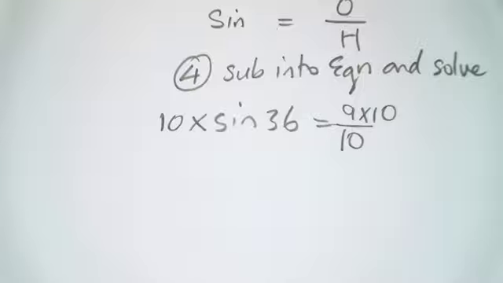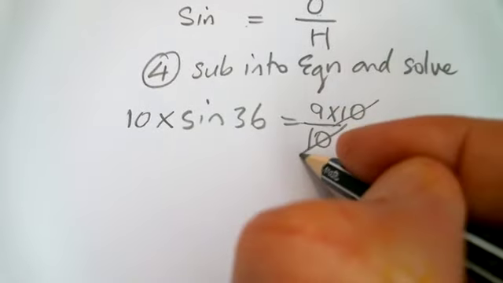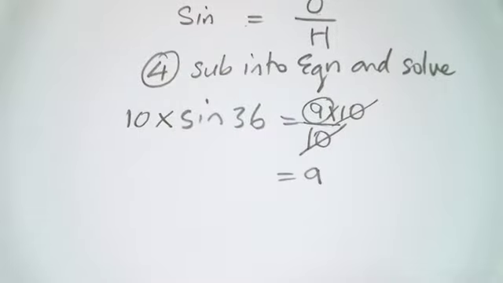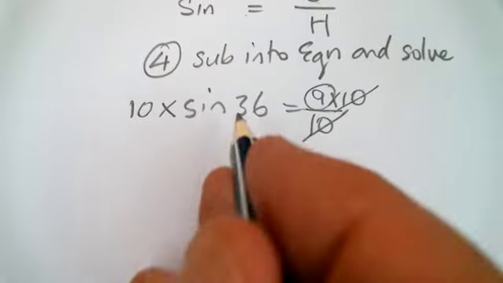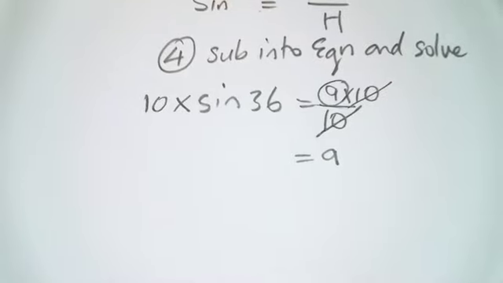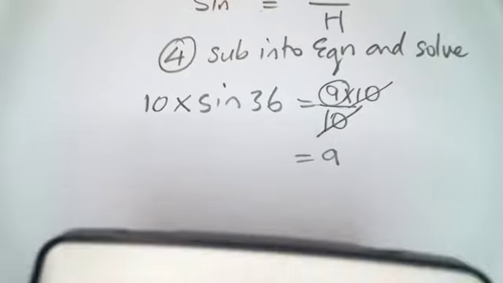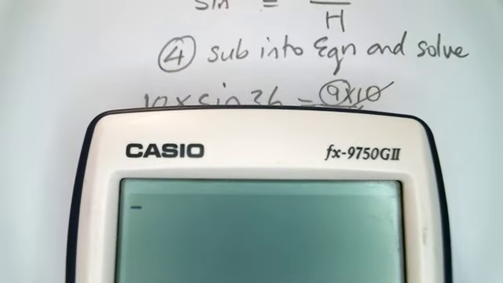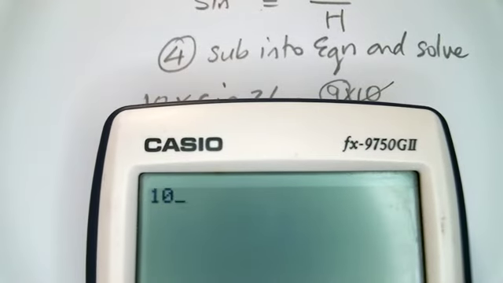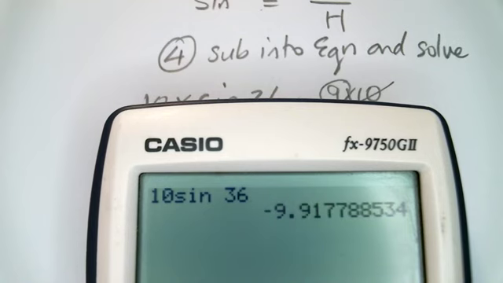So let's see what we've got now. 10 divided by 10 is 1, leaving me with an A. So that equals A here. Now I've got 10 times sine 36. Now I'm going to use the calculator for that one. Let's have a look, see what we end up. 10 times sine 36. I'm just going to go 10 sine 36, and I'm going to execute.